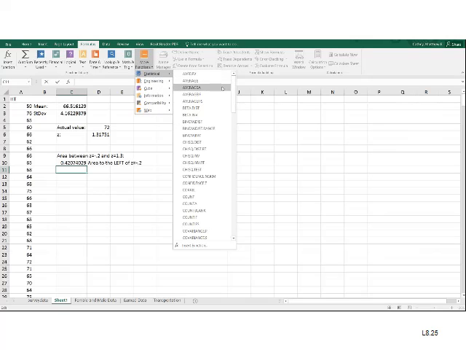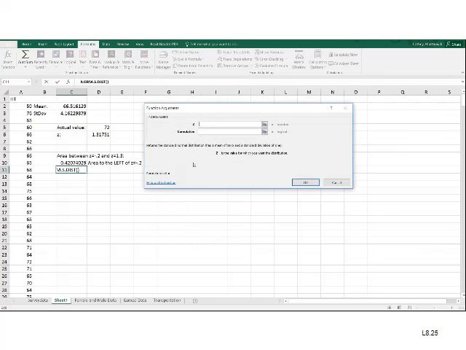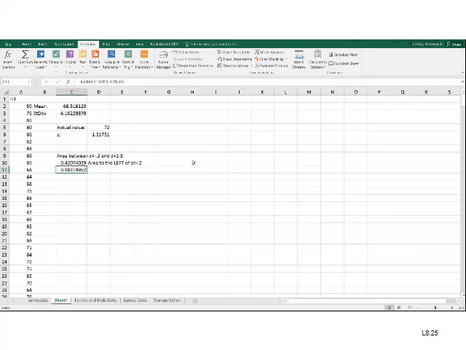So let's go back to statistical. NORM.S.DIST. Z-score is 1.3. Cumulative is TRUE. And I see that the area to the left of z equals 1.3 is 90.3%.